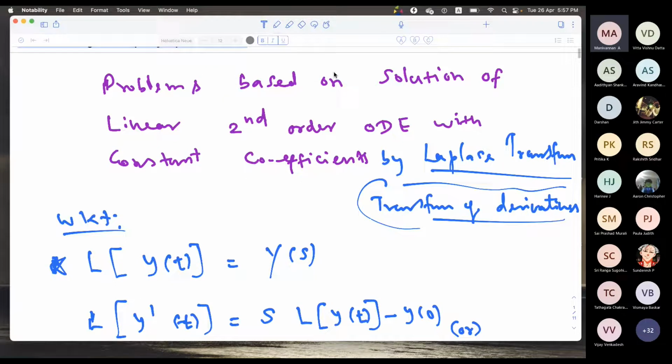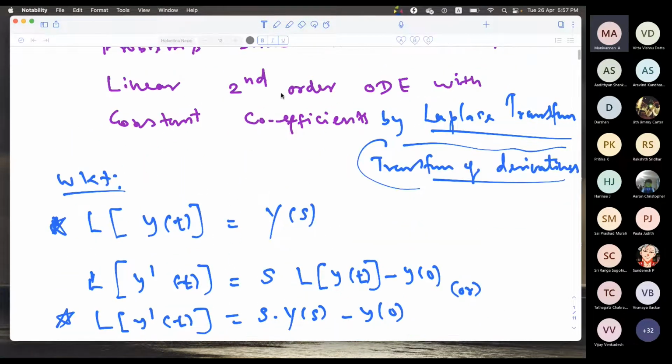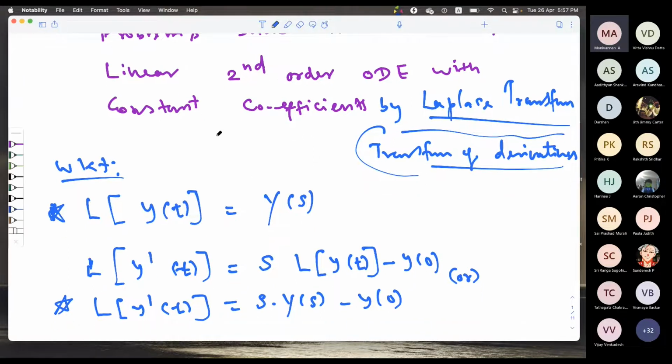So, problems based on solutions of linear second order ODE with constant coefficients, and not only the second order, maybe third order, fourth order also. The higher orders can also be solved by Laplace transforms. And why do we need Laplace transforms? Suppose my problem is y double dash plus 2y dash plus 3y equals, suppose, sin t cos t, e raised to the power t square plus 5, and then t square minus e raised to the power minus 3.